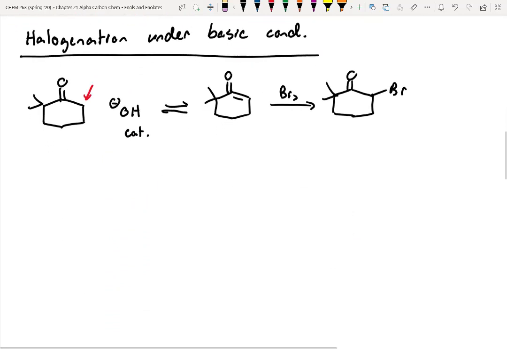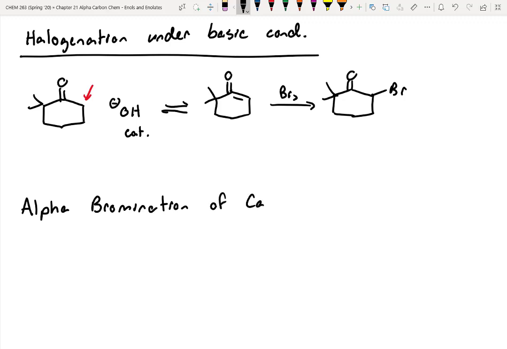All right, I did want to show you a slight variation of this reaction, and this is called the alpha bromination of carboxylic acids. And the name of this reaction is called the Hell-Volhard-Zelinsky.